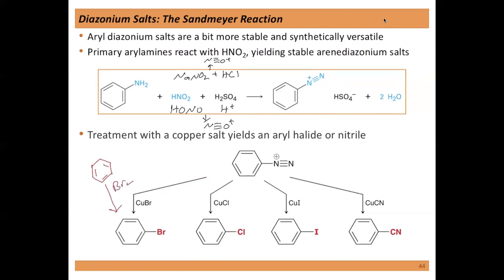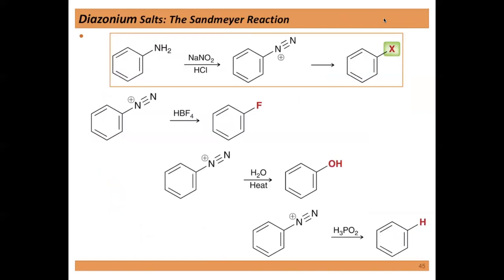Before we could use Br2 and FeBr3, but this is another route, and it actually opens up some possibilities for aromatic synthesis that we couldn't do before. So again, these are known as the Sandmeyer reactions. So first of all, you make the diazonium.